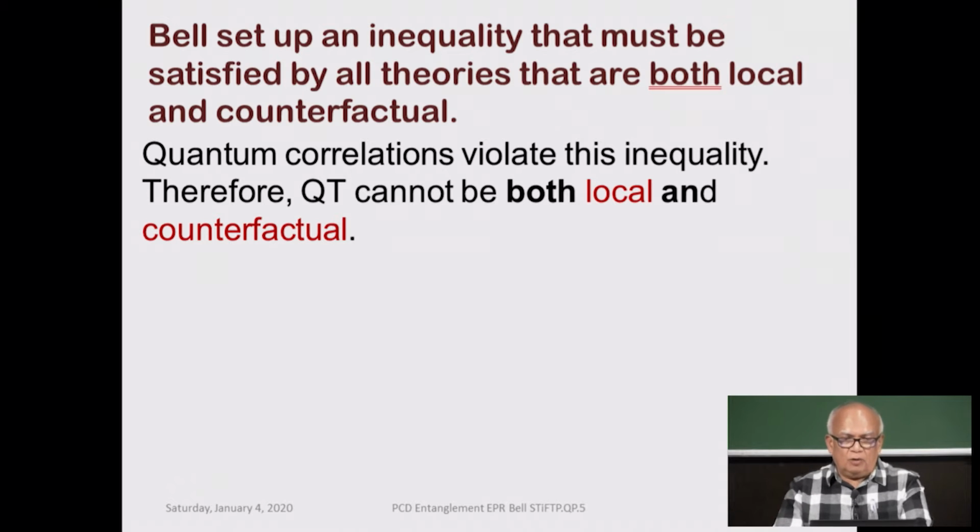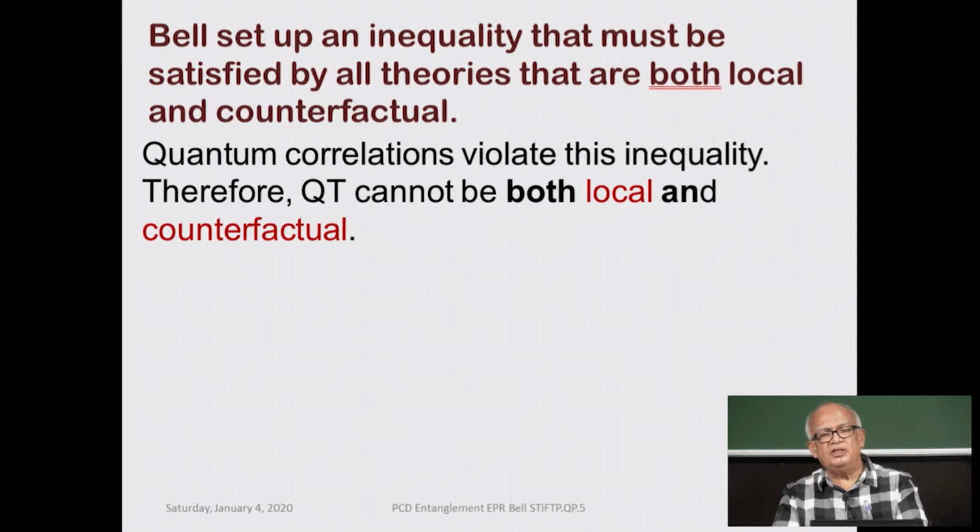And it will turn out that quantum correlations violate this inequality, and you will then be led to the conclusion that quantum theory cannot be both local and counterfactual. So, Bell set up a mathematical inequality which must be satisfied by all theories.